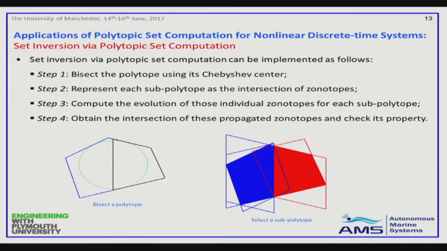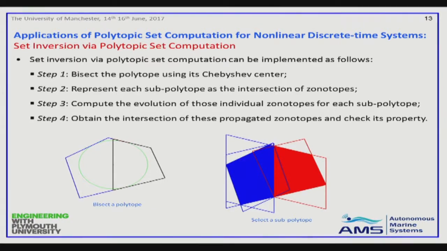You can design control invariant polytopic sets as well, similar to the zonotopic set. So we extended all the ideas from intervals to polytopes now, using the zonotope as the medium, the middleman, to do that. So that is the idea.